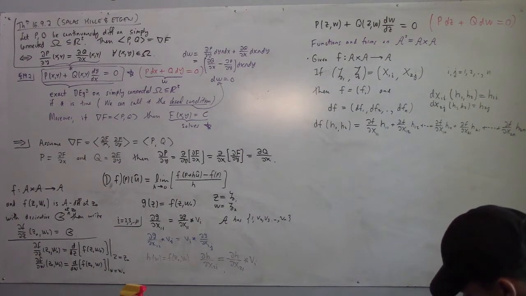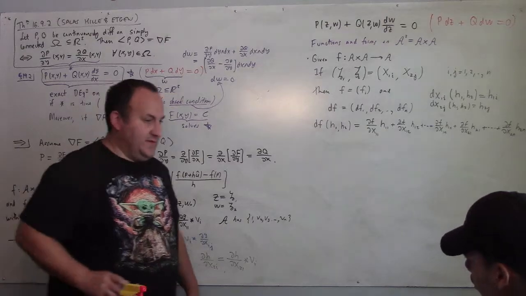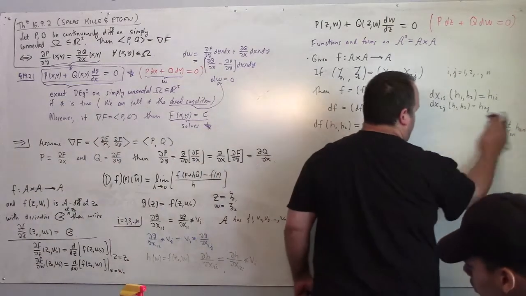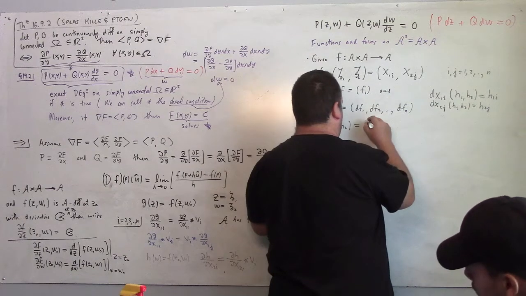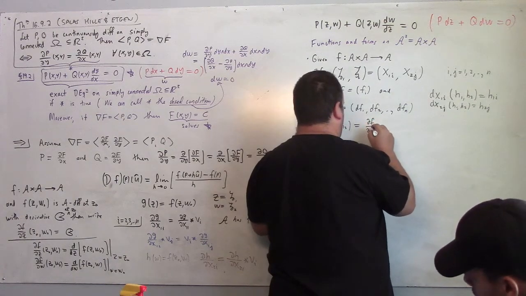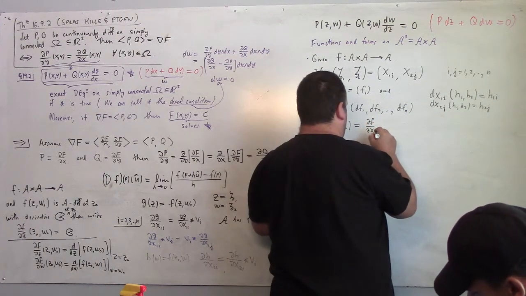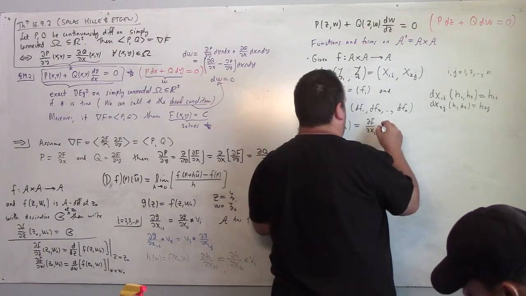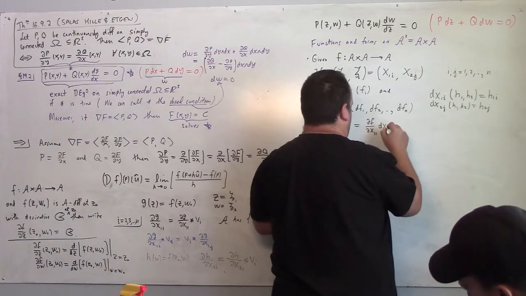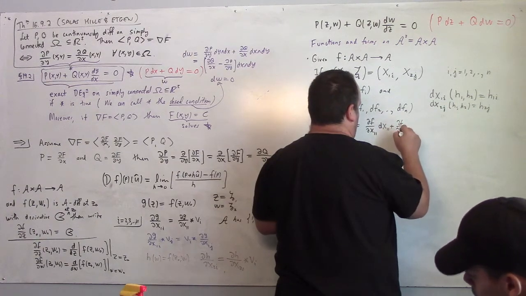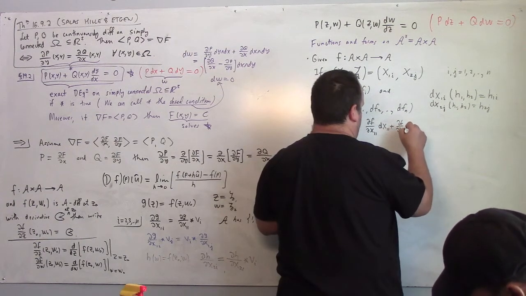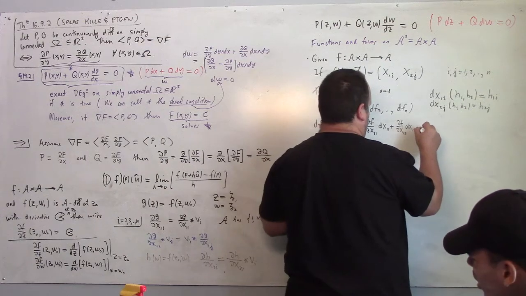Let me fix this equation here. And then you could say this. I'm saying vi, so this would be vj.